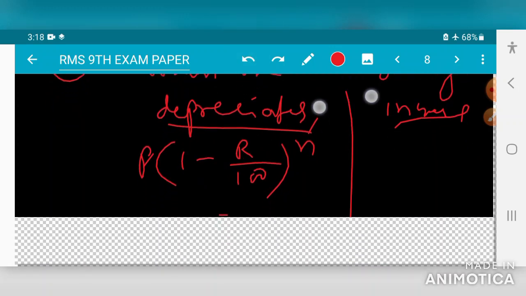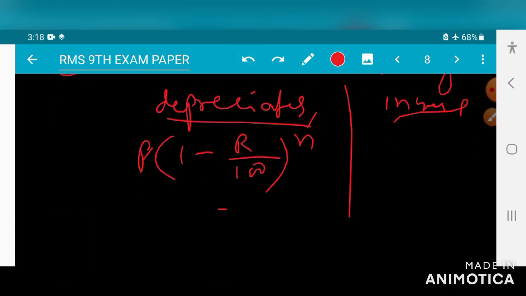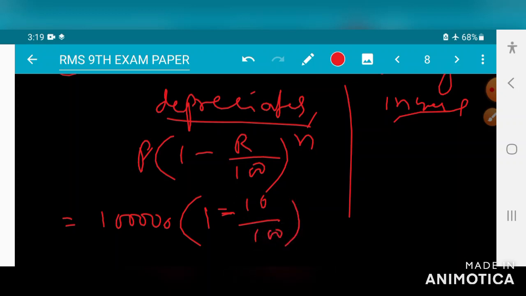By using this formula, the principal is given as 1 lakh, into 1 minus r, where the rate is 10%, so 1 minus 10 by 100, whole power n. N means after 3 years.